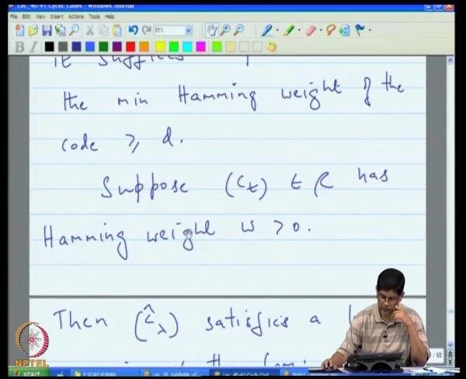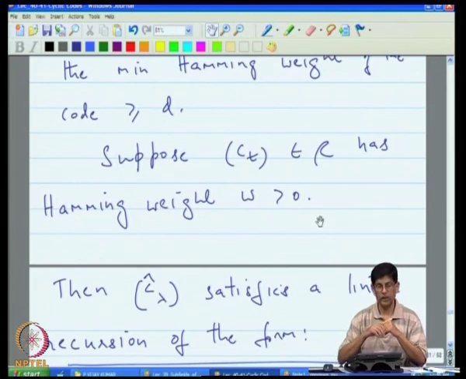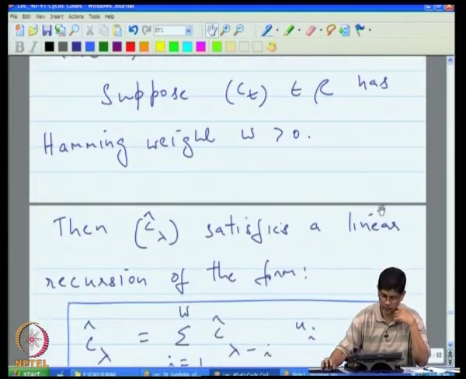So, now supposing you have a code word, and let us say that its Hamming weight is w, and let us assume that w is greater than 0, because we are trying to estimate the minimum distance, and we know that the code contains the all 0 code word, and when we talk about minimum Hamming weight, we are interested in the minimum non-zero Hamming weight. So, we will assume that w is greater than 0.